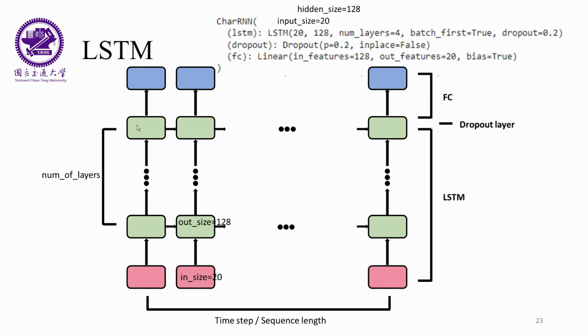And there are four rows of hidden layers, which is defined here. So that should be no problem.